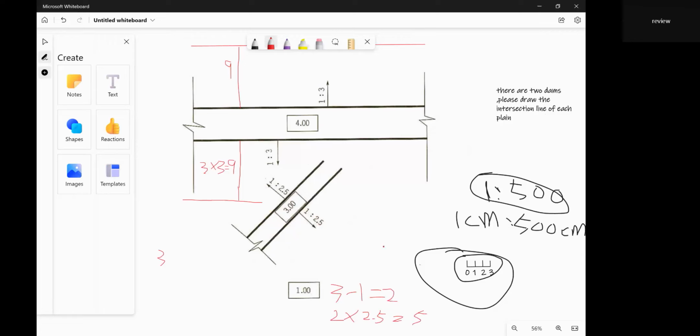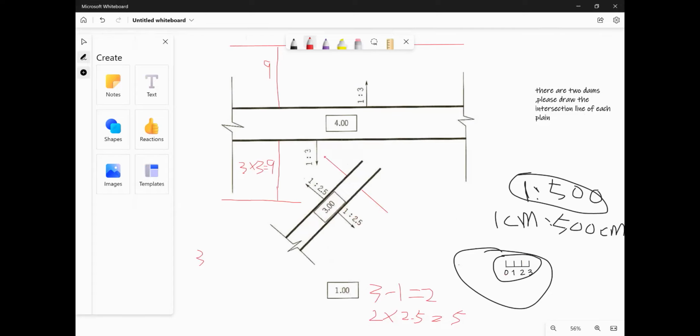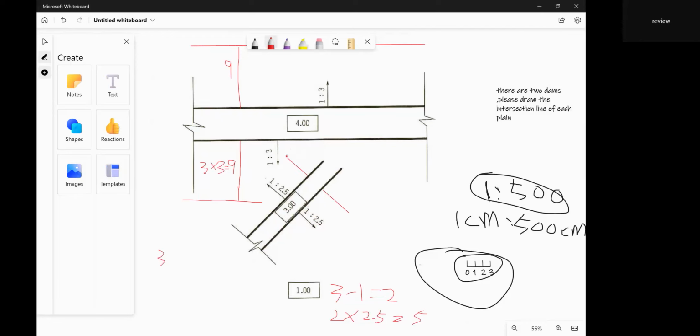Now please measure 5 units with the scale ruler. I think maybe this one, this one, and also this one. Okay, then I'll draw the parallel line.